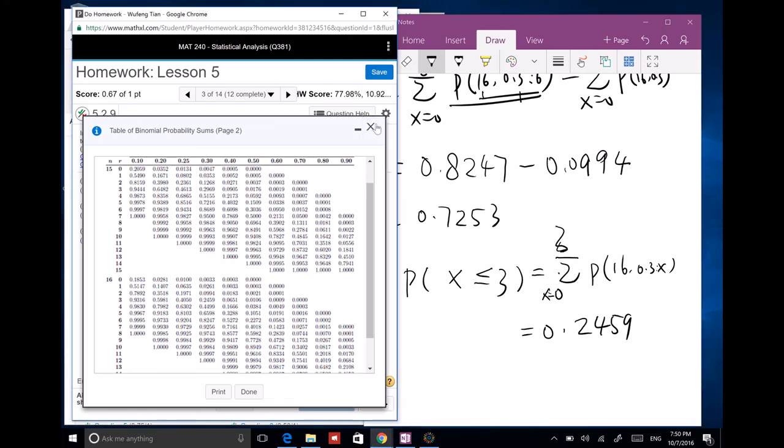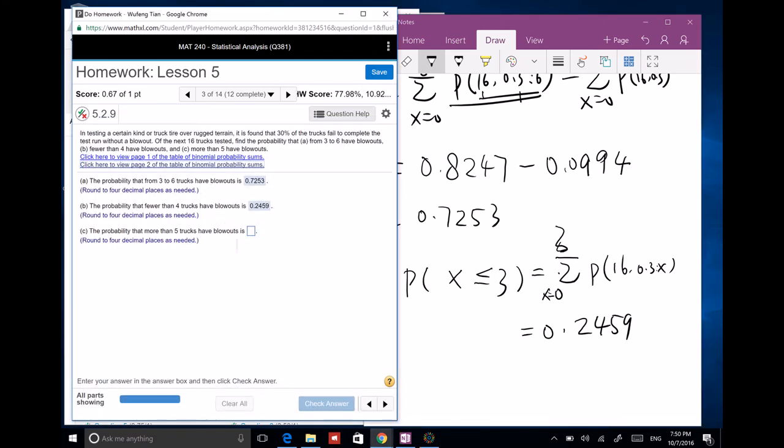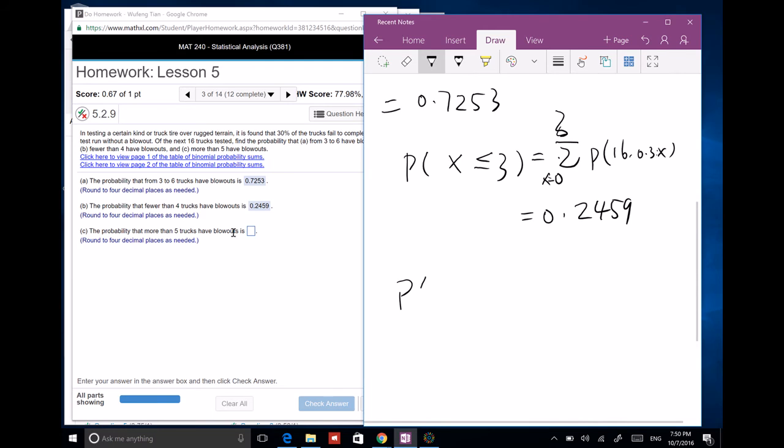Okay, so next one is more than 5 trucks. P(X) is bigger than or equal to 5. More than 5 trucks is bigger than 5, which is 1 minus P(X less than or equal to 4).